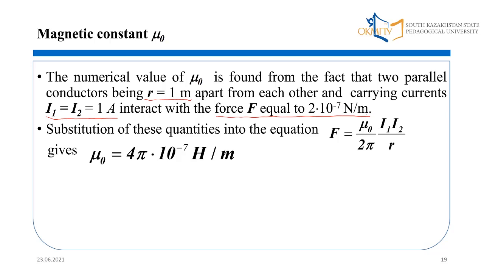Substituting these quantities into this expression allows us to obtain the numerical value of the magnetic constant, which is equal to 4 pi times 10 to the minus 7th power Henry per meter.